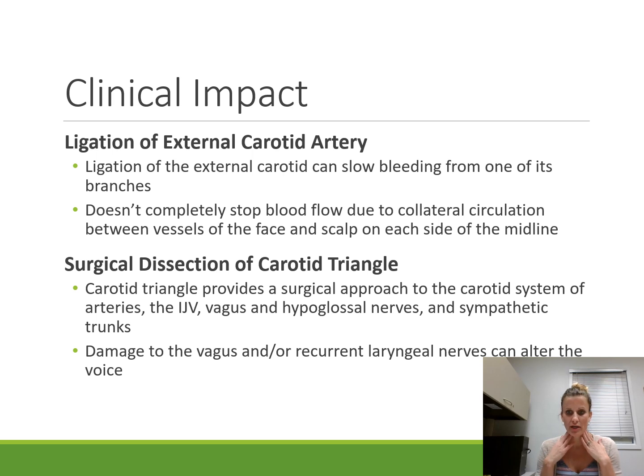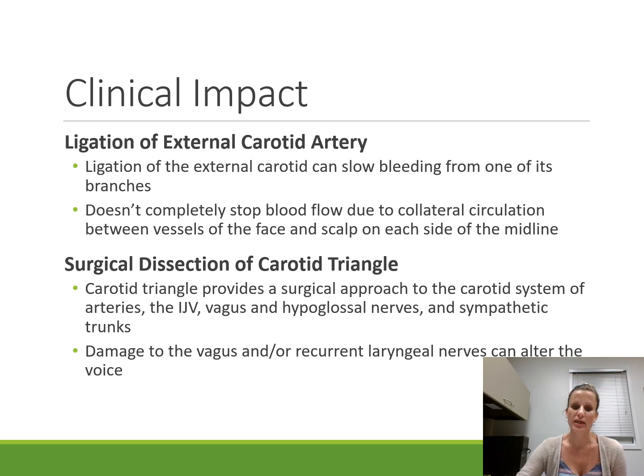The carotid triangle is frequently used as an entry point or a surgical approach to any of the carotids, the internal jugular vein, the vagus and hypoglossal nerves, and the sympathetic trunk. It's an area that's nice and easy to get into without a lot of overlying tissue.